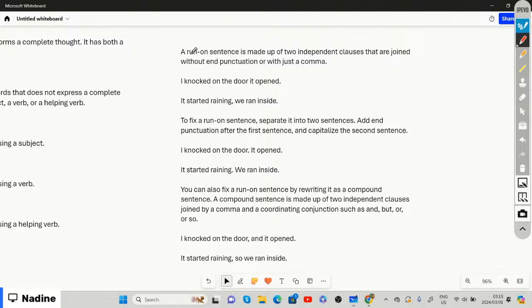A run-on sentence is made up of two independent clauses that are joined without an end punctuation or with just a comma. And remember, an end punctuation is either a period, or a question mark, or an exclamation mark, depending on the type of sentence.